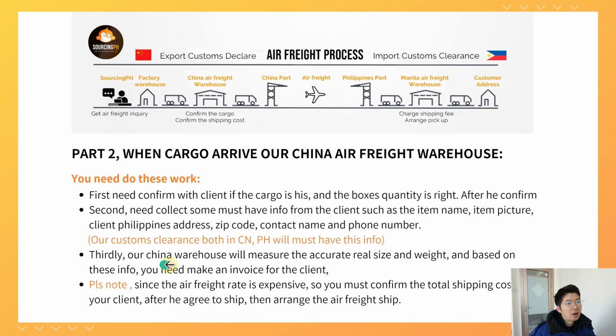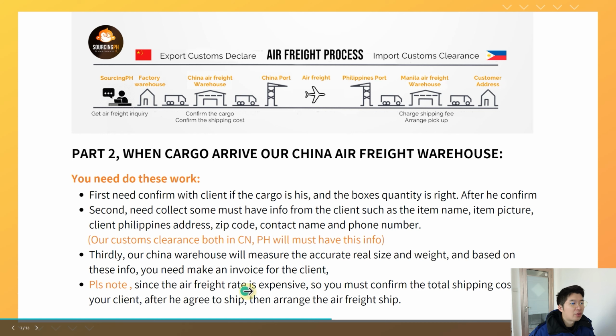And thirdly, our China warehouse will measure the accurate real size and weight, and based on this info, you need to make an invoice and confirm with your client. Since the air freight rate is very expensive, you must confirm the total shipping cost with your client. Only after he agrees to ship do we arrange the air freight, because the price is very high.